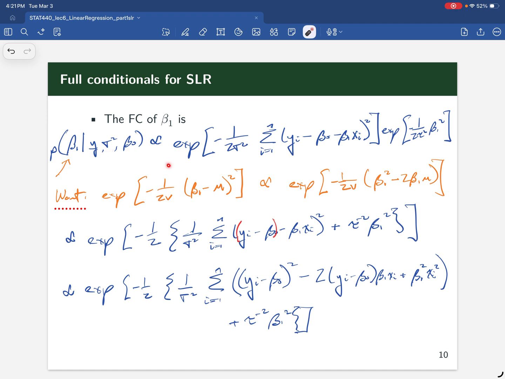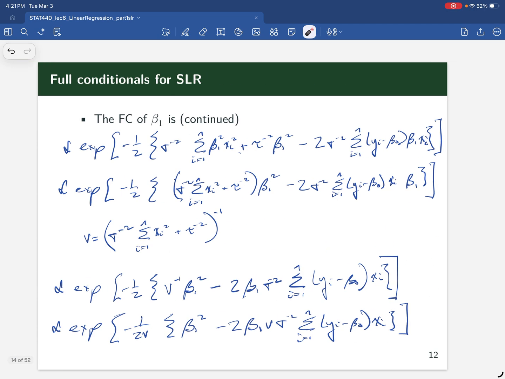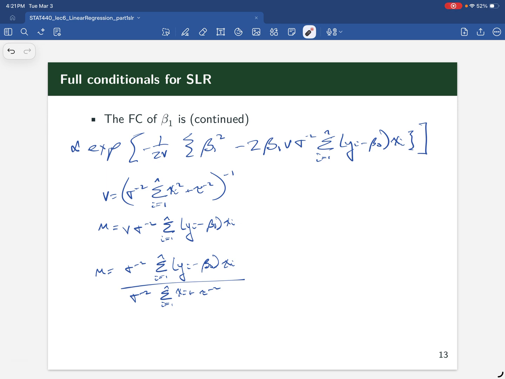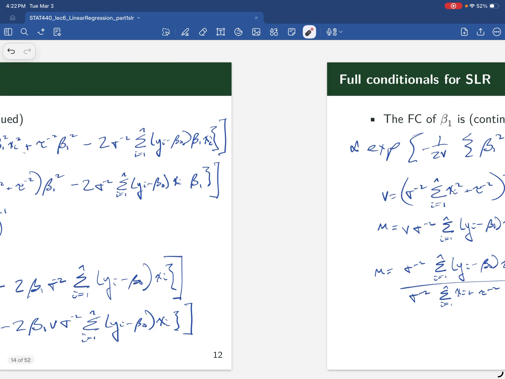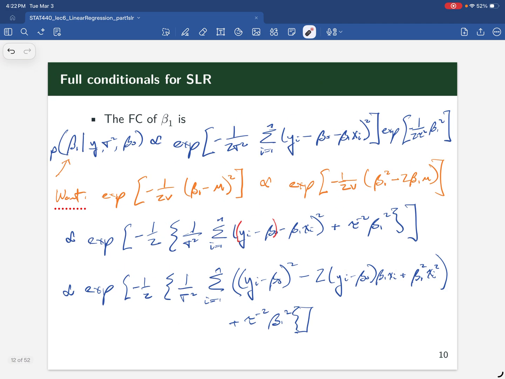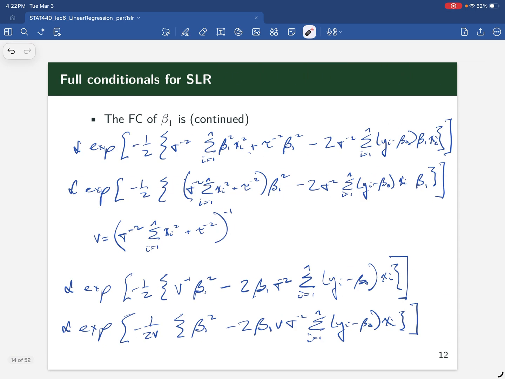We said that that was equal to the likelihood times the prior, and we did a lot of math and even more bookkeeping, but we got there. We got to an expression which we recognize is the normal density in disguise. It's of this general form. This is the normal density in disguise, or at least it's proportional to the normal density.